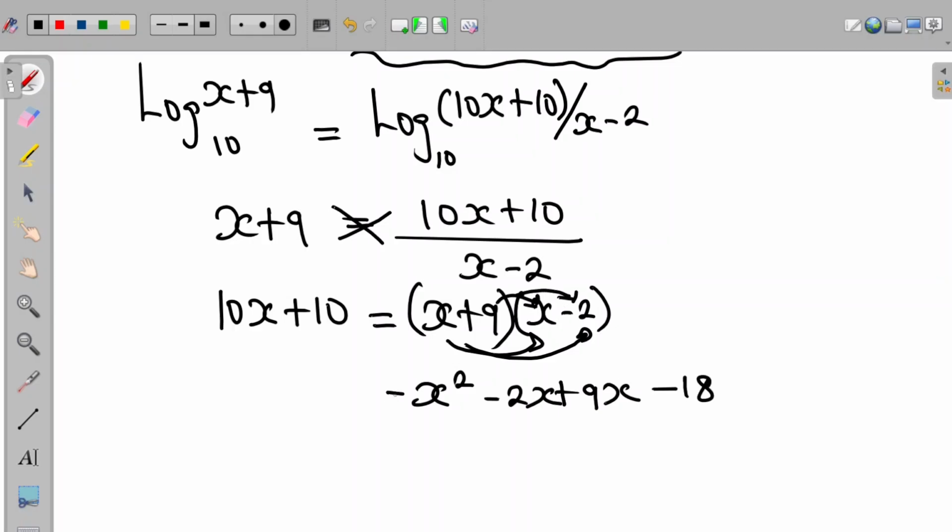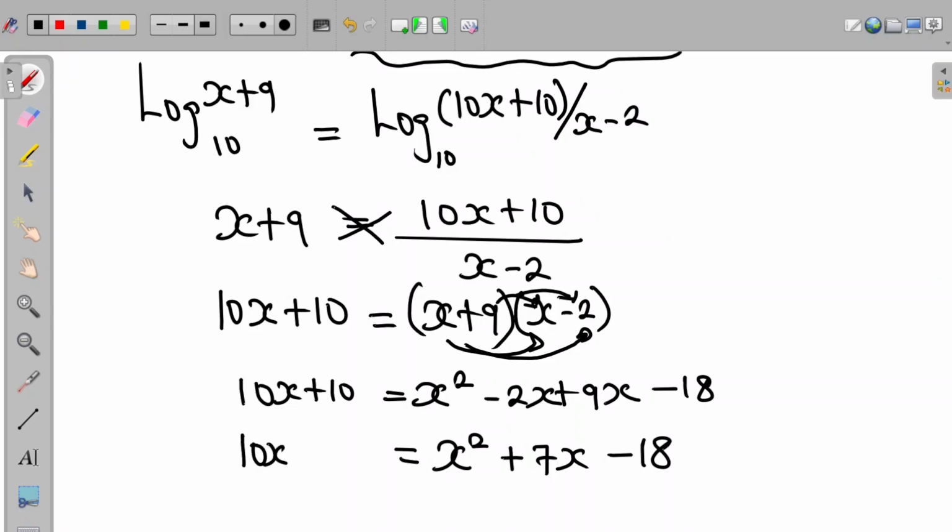And then we write down the left hand side, 10x + 10. Now at this point, we will simplify. So the right hand side becomes x squared + 7x - 18, and the left hand side is brought down, 10x + 10.